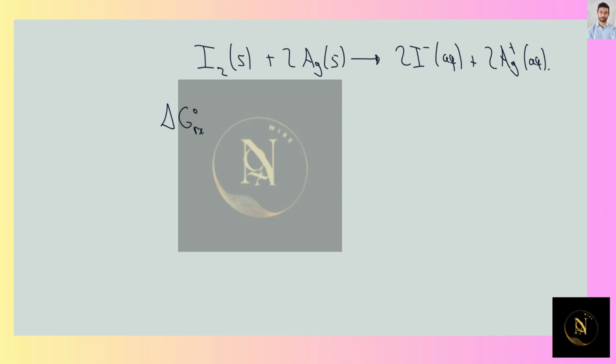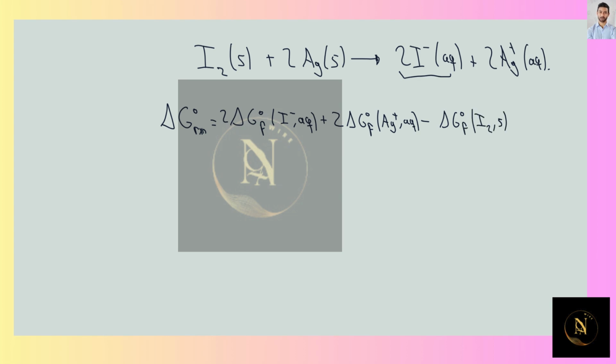The standard free energy for this reaction would be equal to the standard free energy of formation of the products, 2 times the value for iodide in aqueous solution, plus 2 times the delta G of formation of silver plus in aqueous solution, minus the energy of formation of the reagents: iodine as a solid, minus 2 times the delta G standard of formation of silver as a solid.